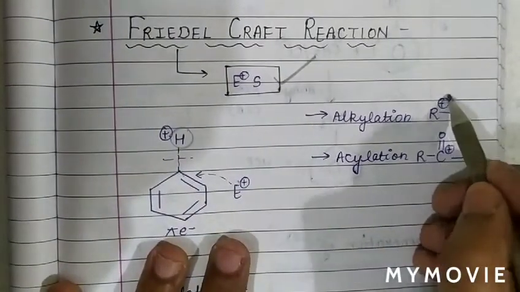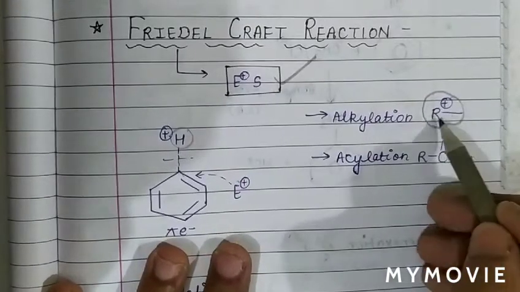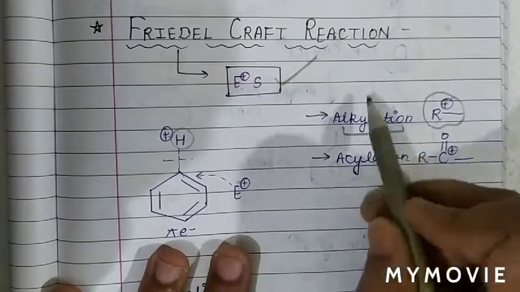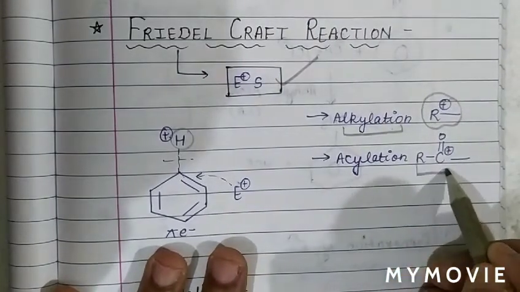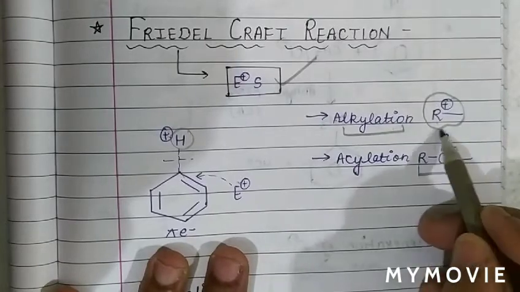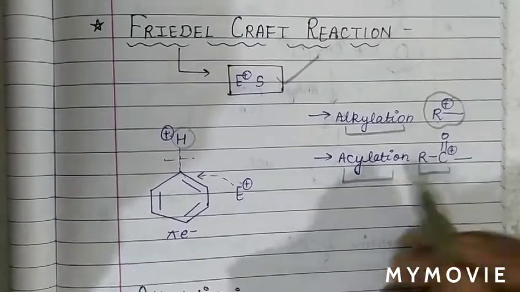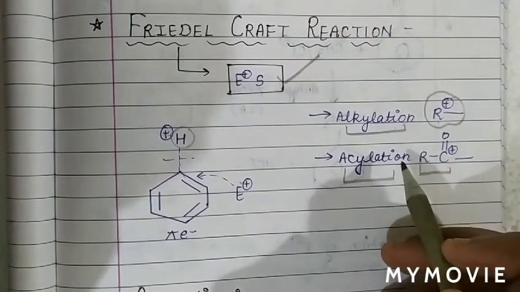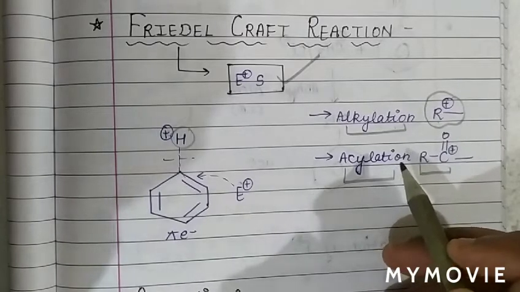If the electrophile is R positive, meaning alkyl, we call it the Friedel-Crafts alkylation reaction. If the electrophile is RCO positive, which is an acyl group, the reaction will be called Friedel-Crafts acylation. The steps remain the same: generation of electrophile, attack of electrophile, and removal of the old electrophile.